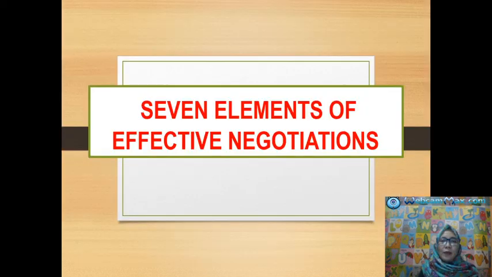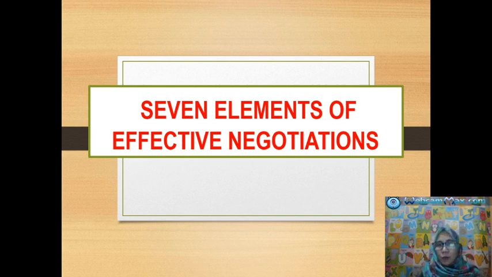Okay, we have just watched the video. Sometimes, on some occasions, we have to make a deal with someone to get a deal or agreement. So we have to know what the tricks or what elements are needed to get effective negotiation.